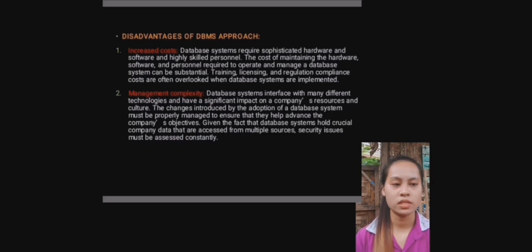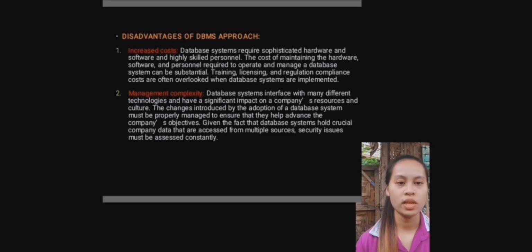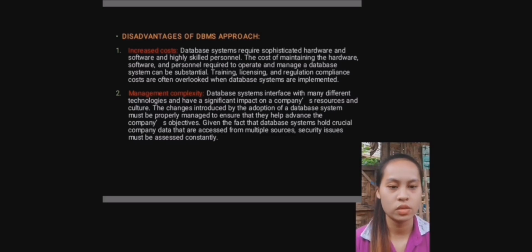The requirement of this large amount of space and high-speed processor needs expensive hardware and expensive software too. So there is a requirement for sophisticated hardware and software, which means that we need to upgrade the hardware which is used for the file system. And then hardware and software both require maintenance, which costs very high. So that's the increased cost.